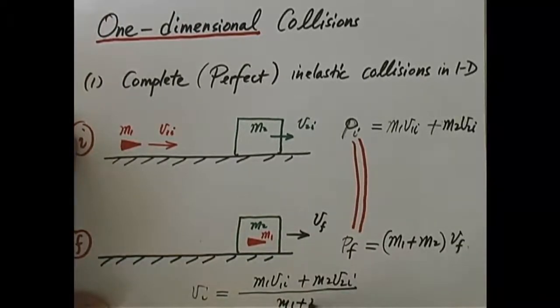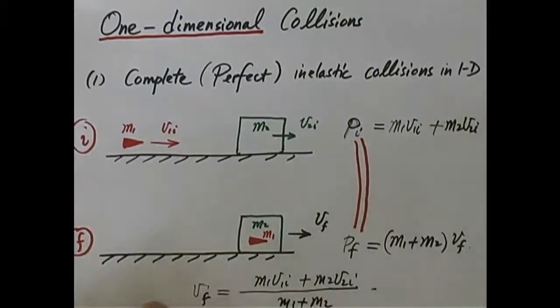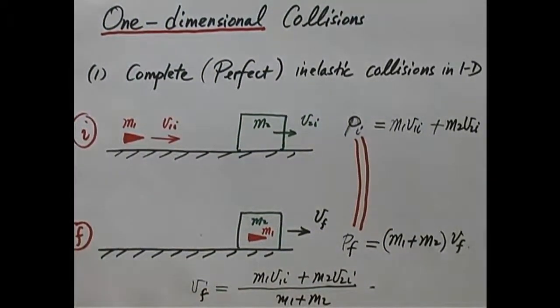It's just that simple. I know exactly what the common final velocity is simply by using conservation of linear momentum. This is the simplest way to figure out the final speed.